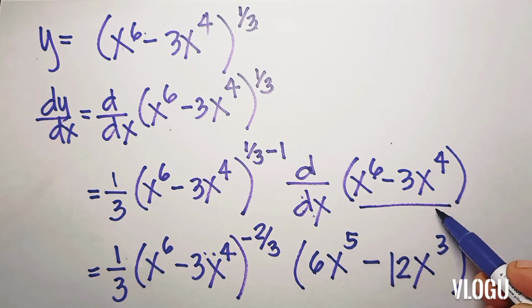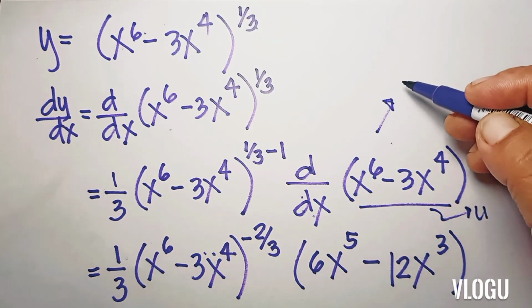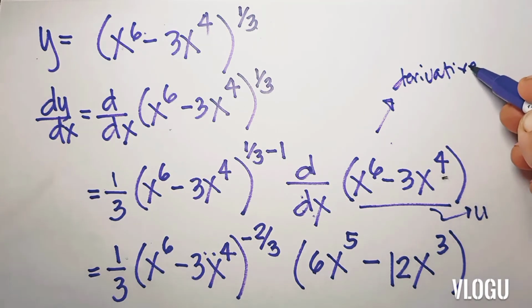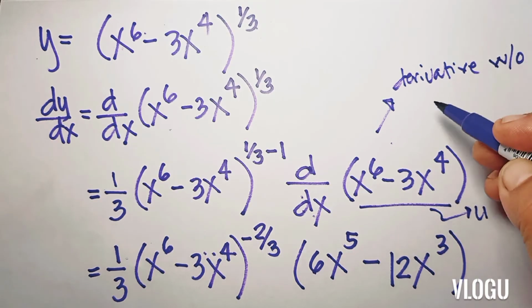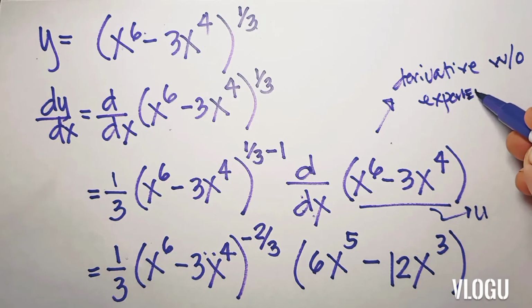So this one is your u, and then its derivative without exponent.